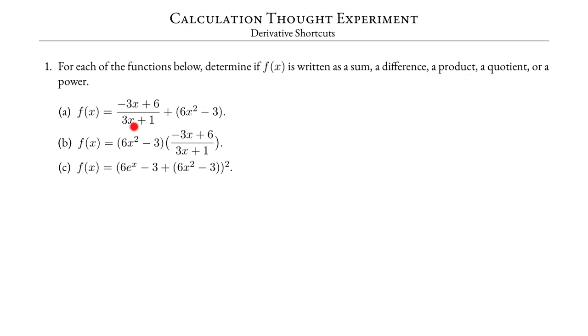For the first part, we see that if we were to evaluate this expression, we would need to add two terms. And so this is expressed as a sum. Yes, within each term, we see that it is a quotient for the first term, but overall, the big picture, this is the sum.